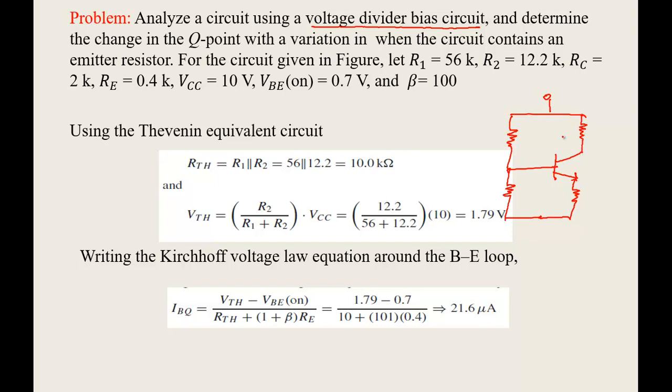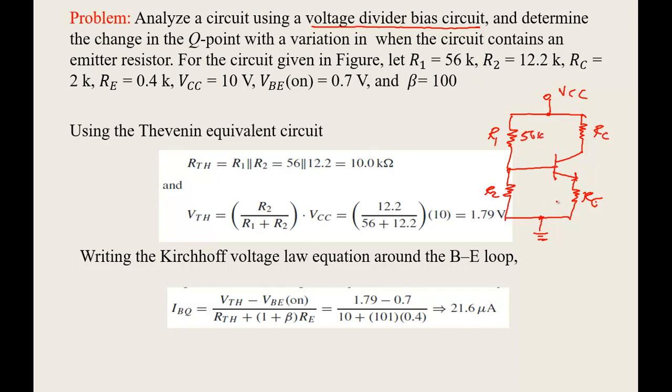Okay. So that's your VCC, and I'll just round this one. So this is R1, R2, RE, and RC. Is that okay? Now they have given you everything. R1 is given, so it is 56K.